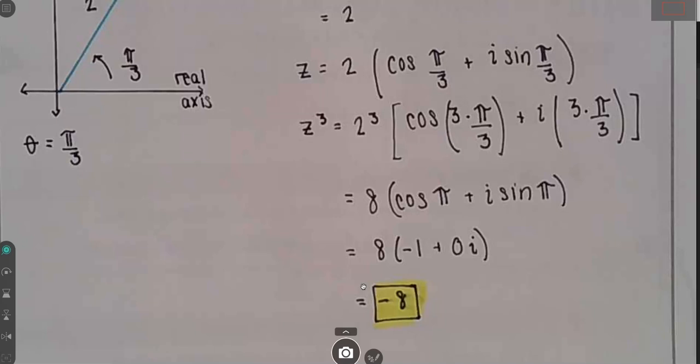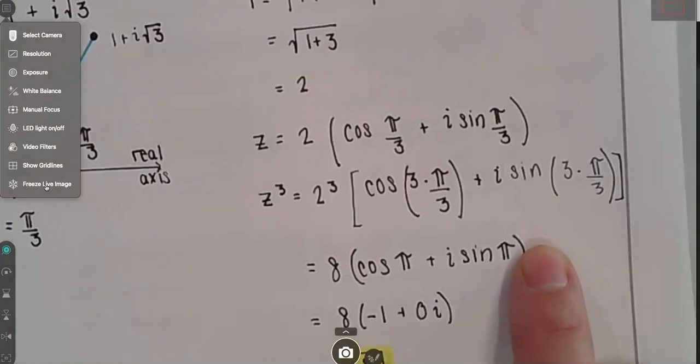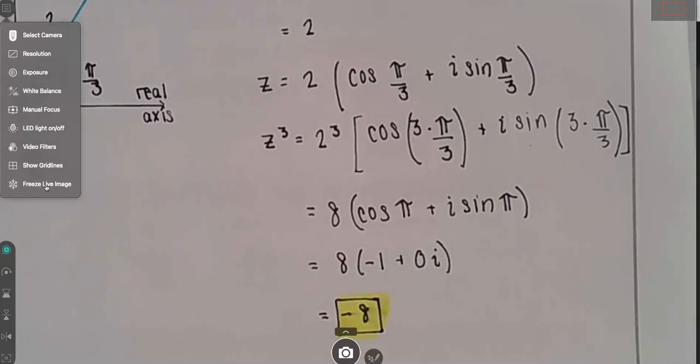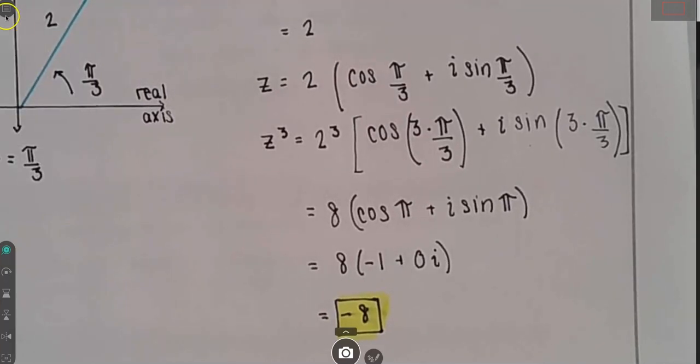Alright, let me correct this. I missed the sine right there. Everything's correct, I just forgot to write sine here. There we go.